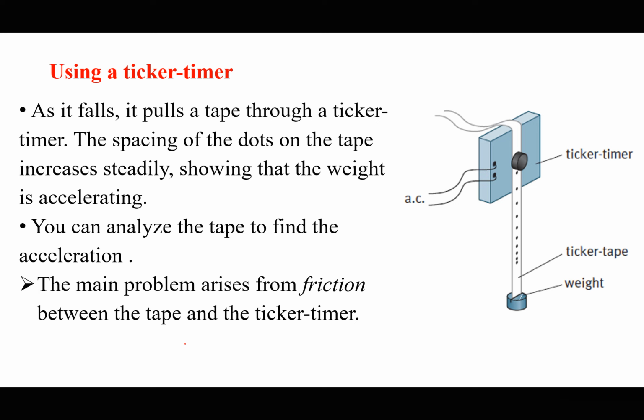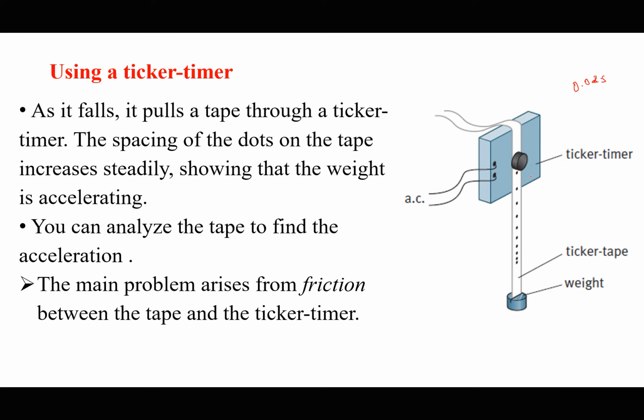By analyzing the tape, we can find the acceleration, because these dots are made at equal time intervals of about 0.02 seconds. I can find the rate at which the speed is increasing by looking at the distance between the dots, because the spacing of the dots on the tape is going to increase uniformly, which would mean the acceleration is uniform in that case.